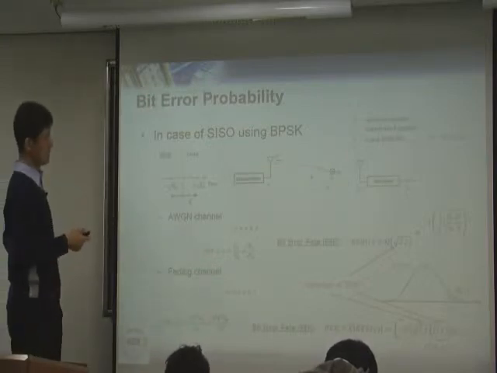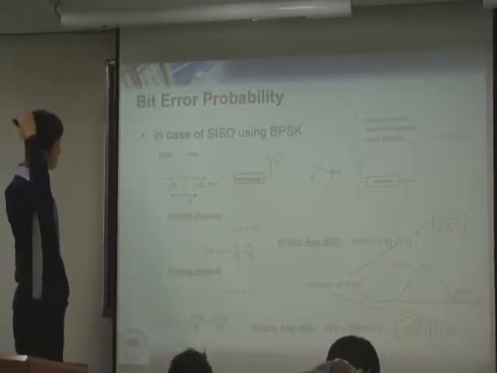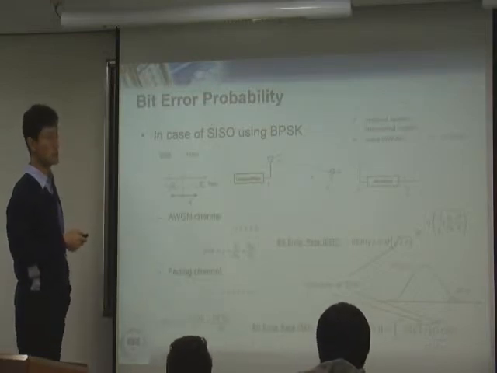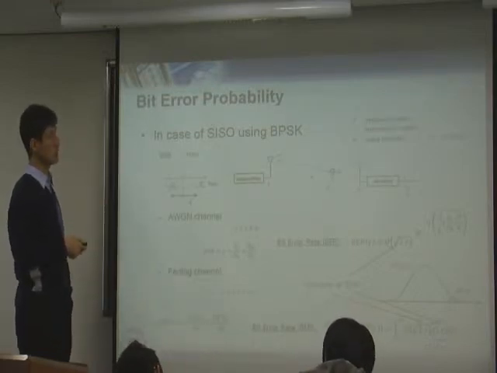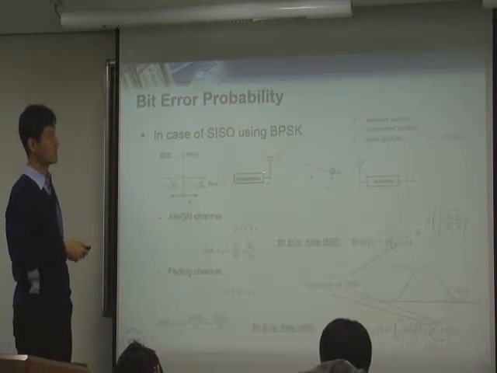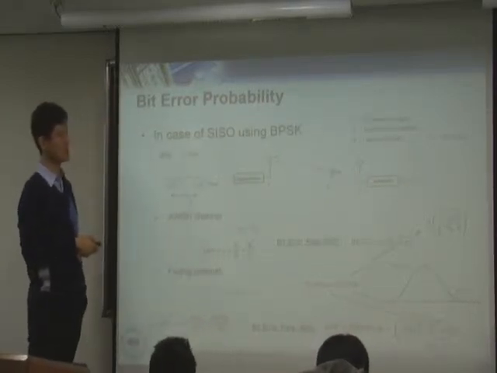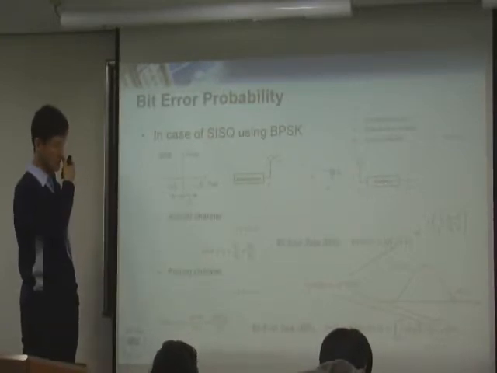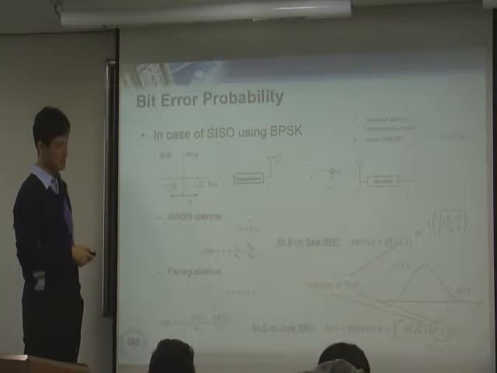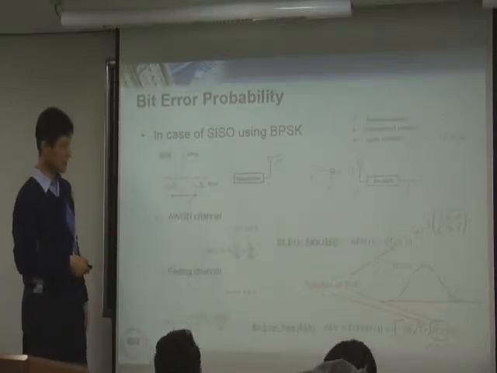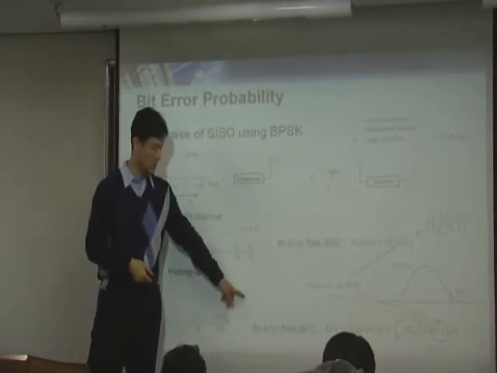Okay, so far we looked at the bit error rate for BPSK when we have single antennas, called SISO, a single antenna at the transmitter and a single antenna at the receiver. We also looked at the AWGN channel case, which is y equal to s plus n, and the fading channel case, y equal to hs plus n.